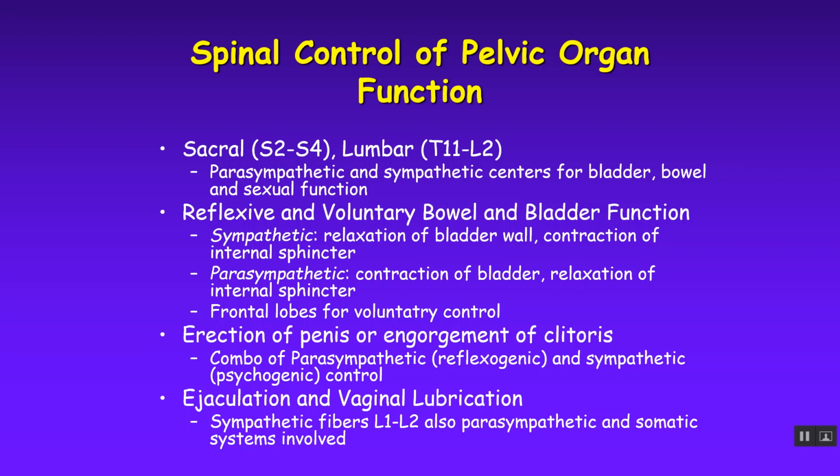So people that have spinal cord injury above the levels of T11 to L2, a male anyway, and female, they can have engorgement of their clitoris, but a male can have a reflexogenic erection, but it won't be quite as effective, as if you've also got the psychogenic component via some of the other pathways.